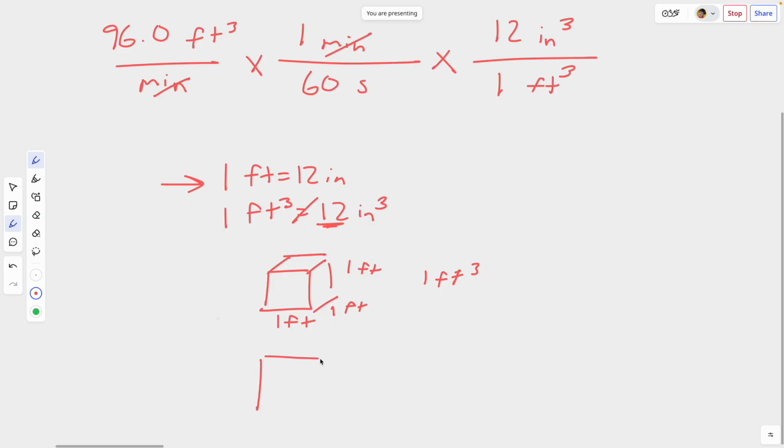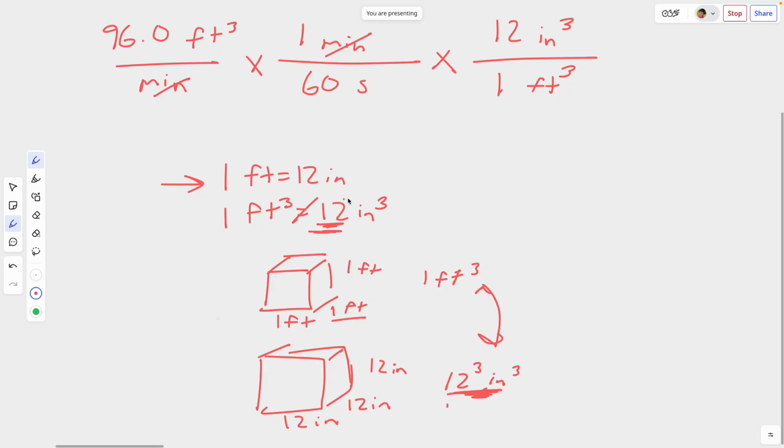So now I have to substitute each one of these dimensions with inches, not inches cubed. So that means I would get 12 inches on this side, 12 inches on this side, and then 12 on this side. And notice when we take the volume of this, it's going to be 12 cubed inches cubed. And this is the correct one, this is equal to 1 foot cubed, not this.